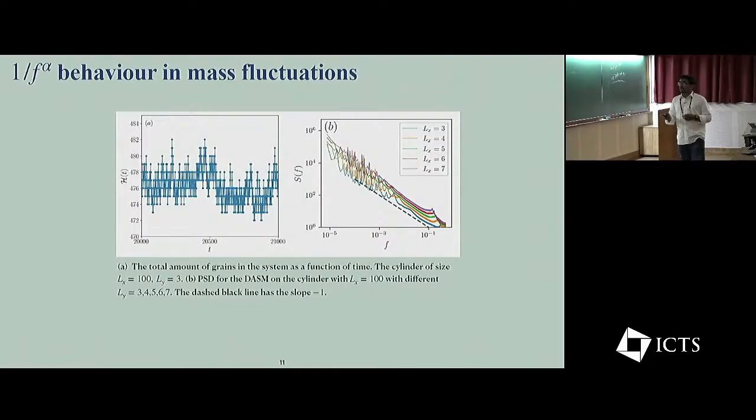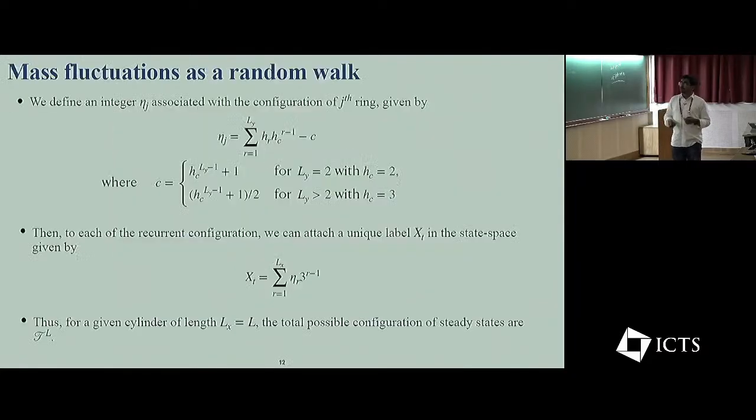If you observe the mass fluctuation at steady state, it follows 1/f^α behavior. But once we map it to a random walk, meaning how the steady state configurations change after applying the operator, we can map each configuration using this expression, and to reach each recurrent configuration we can attach a unique label x_t in the state space.